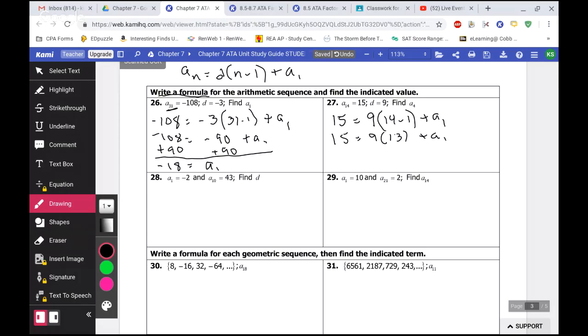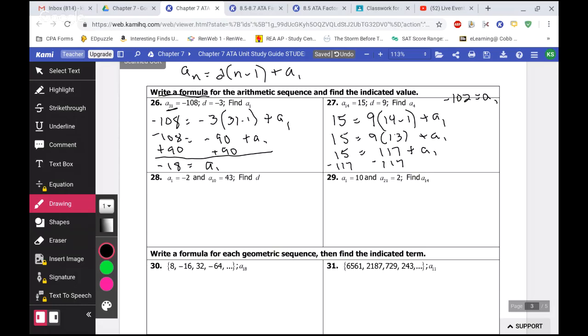And that's 117. Then subtract 117 from both sides, and we get a negative 102 equals a 1.